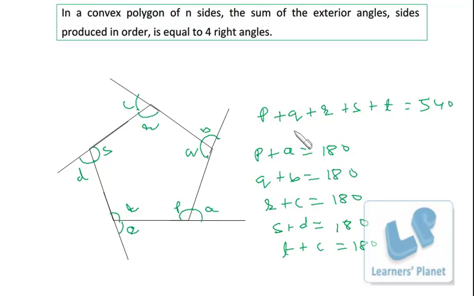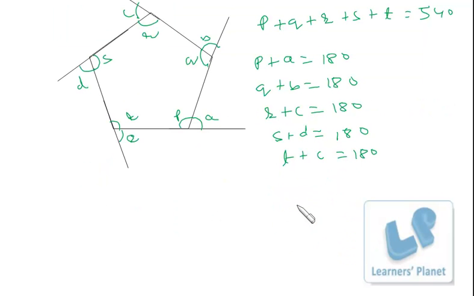Now P plus Q plus R plus S plus T is 540 degrees, and we have written these various relationships over here. So if you add up all of them, P plus Q plus R plus S plus T plus A plus B plus C plus D plus E, you will get 180 into 5, that is 900.